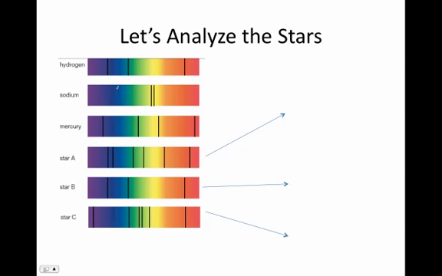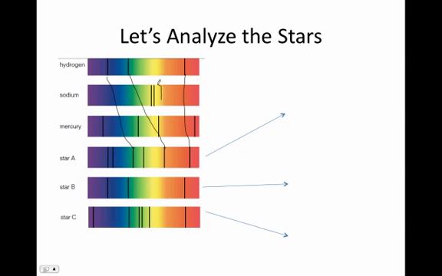So, it might be that one. It might be this one. And it might be that. It just doesn't quite line up. That's gone a little bit that way, and that's gone a little bit that way. So there might be hydrogen, it just might be red shifted.